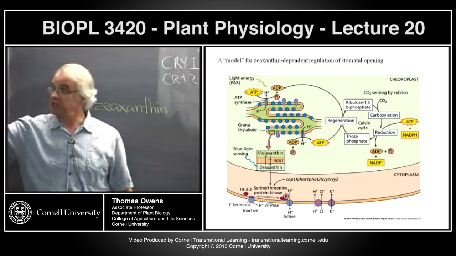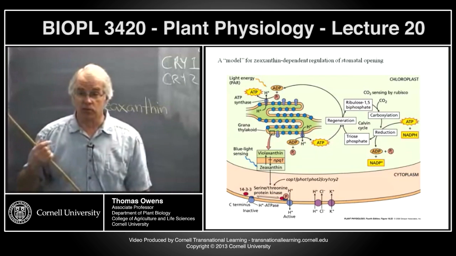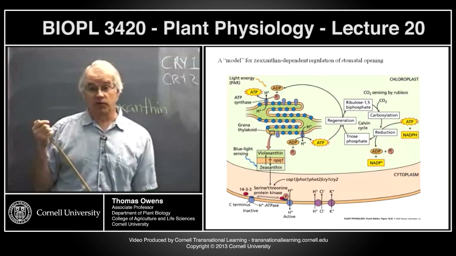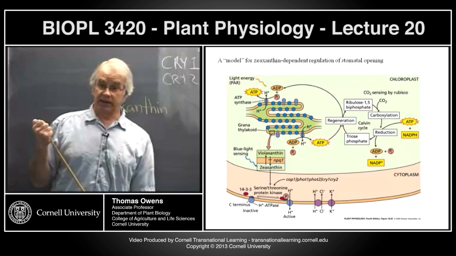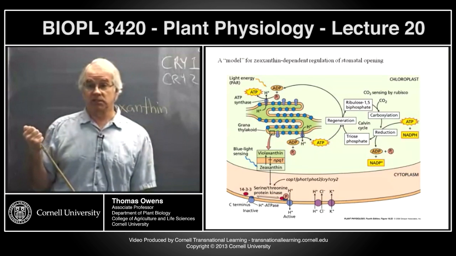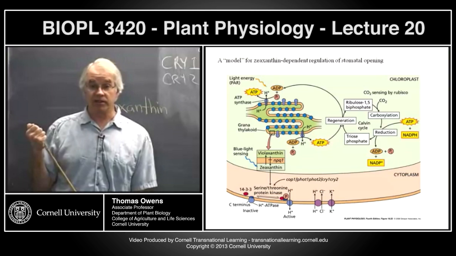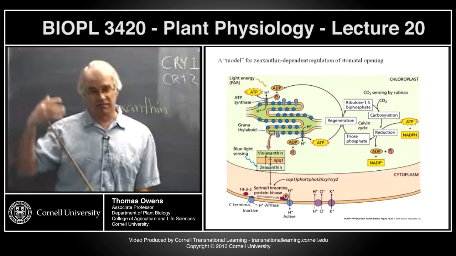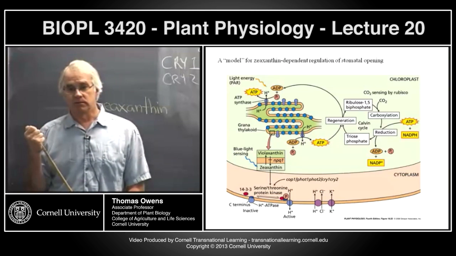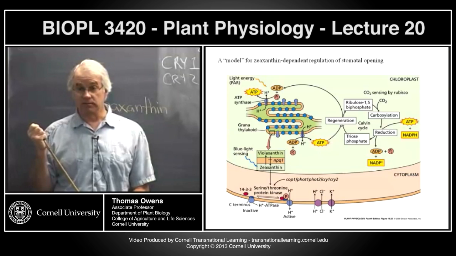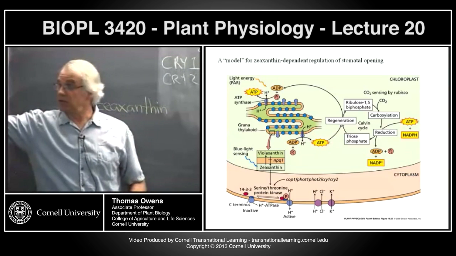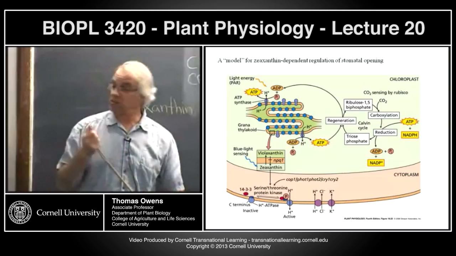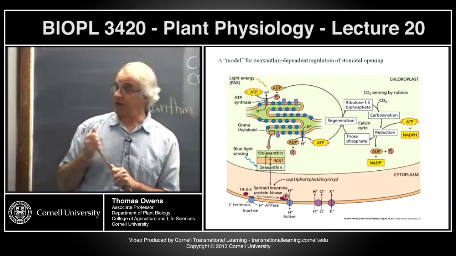The suggestion that zeaxanthin also plays a role as the light receptor for stomatal opening and closing is the new part of this. It may very well be correct. It's just that the evidence that's available now is questionable. We'll just have to wait and see. Ten years ago, we didn't understand any of this stuff either. That's what most of the graduate students who worked in my lab figured out, how that worked.